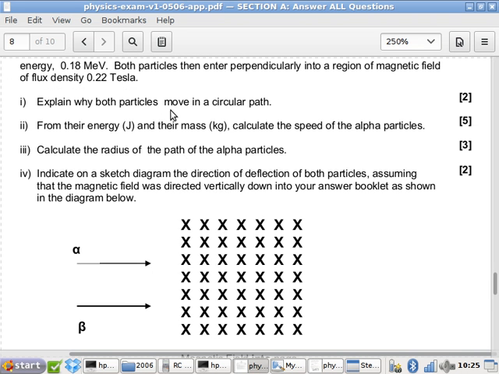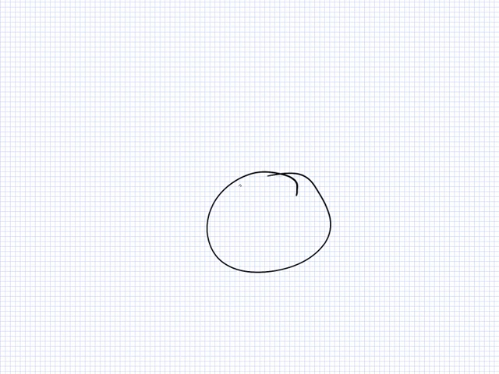It's because of the left-hand rule, and that the force is perpendicular to its motion, which is kind of what you need for circular motion, because if you think about a motion in a circle, if this particle is moving this way, the force acting on it is perpendicular to its velocity.